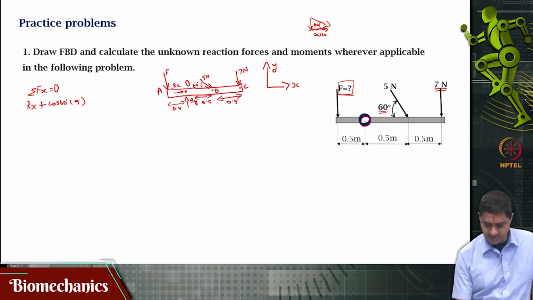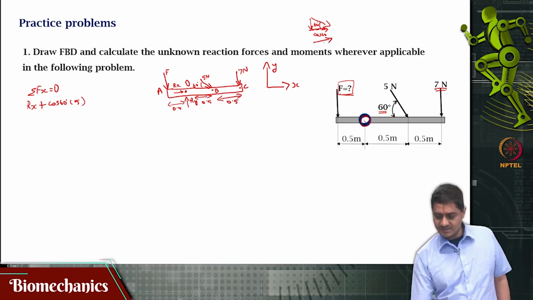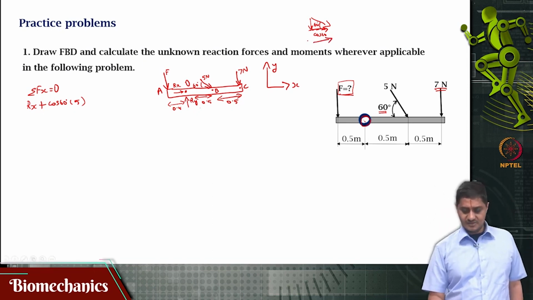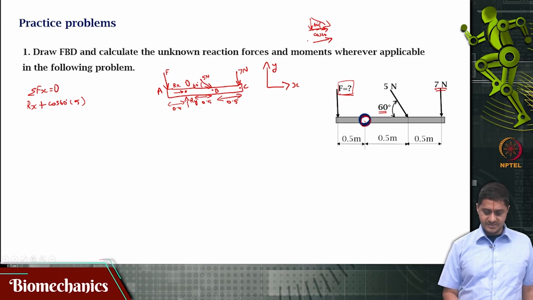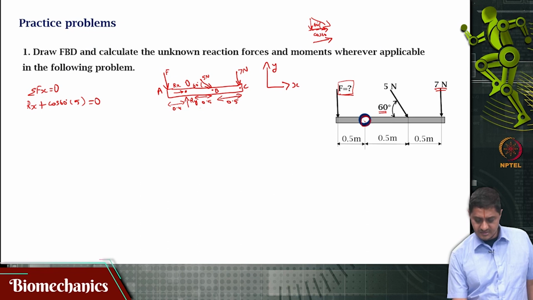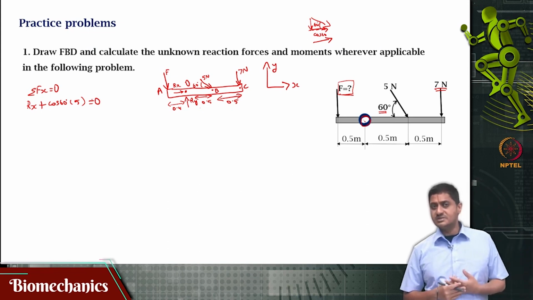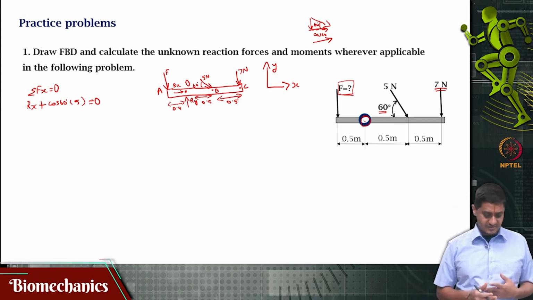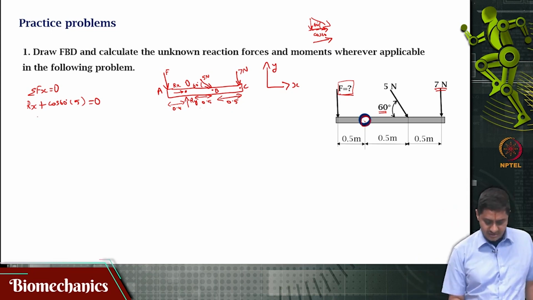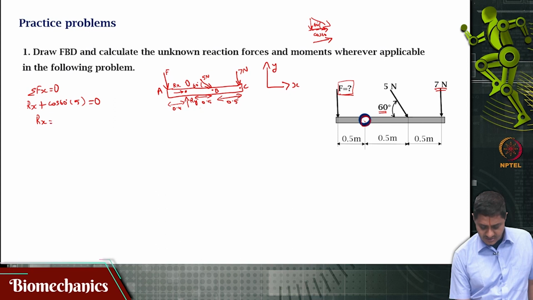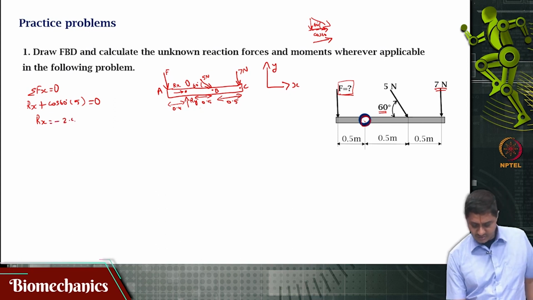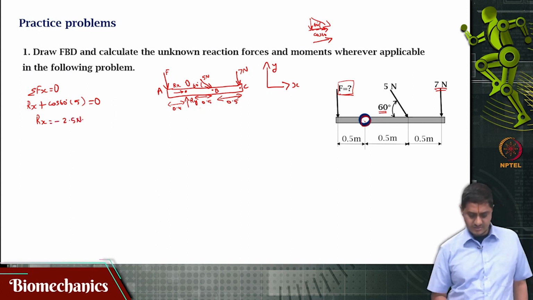No, right? It will be positive, because this is in the positive x direction. It will be Rx plus 5 times cos 60 is 0. Anything else I have missed? The answer is no. Okay, so this is 0. This will straight away give me Rx to be minus 2.5 newtons.